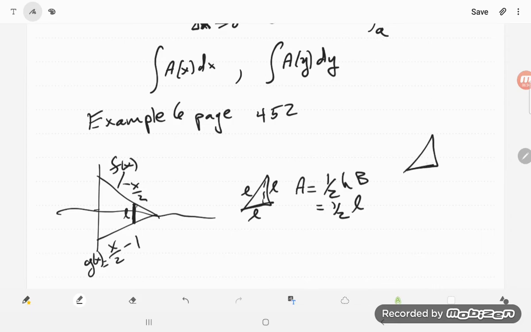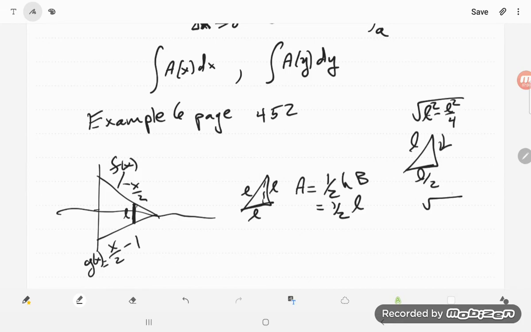If I go perpendicular, so that's L, and that's L over 2, then by the Pythagorean theorem, I get L squared minus L squared over 4 for this. That's the square root of that. So that's that height.